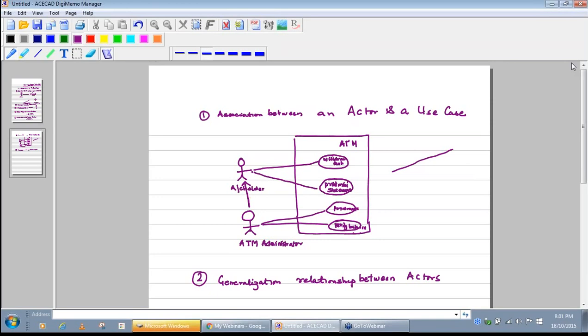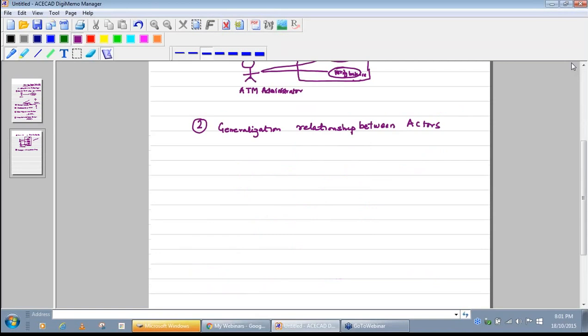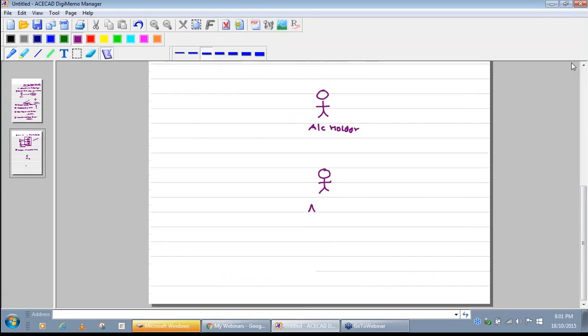So ATM administrator is the specialized actor and the account holder is the generalized actor. Between the two, there is the notation for the generalization relationship between the actors. Both of them are actors to the system.